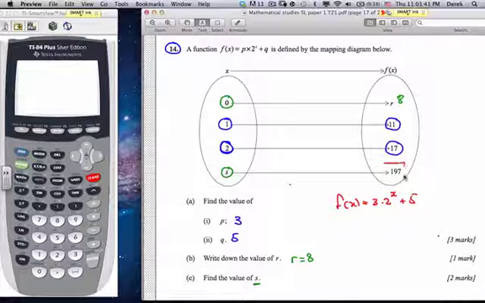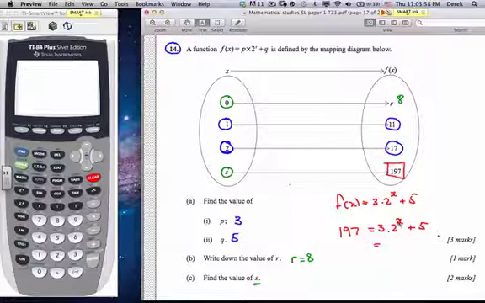But now I know that my f of x is equal to 197, and I want to find the corresponding value for x. So I put it in like that.